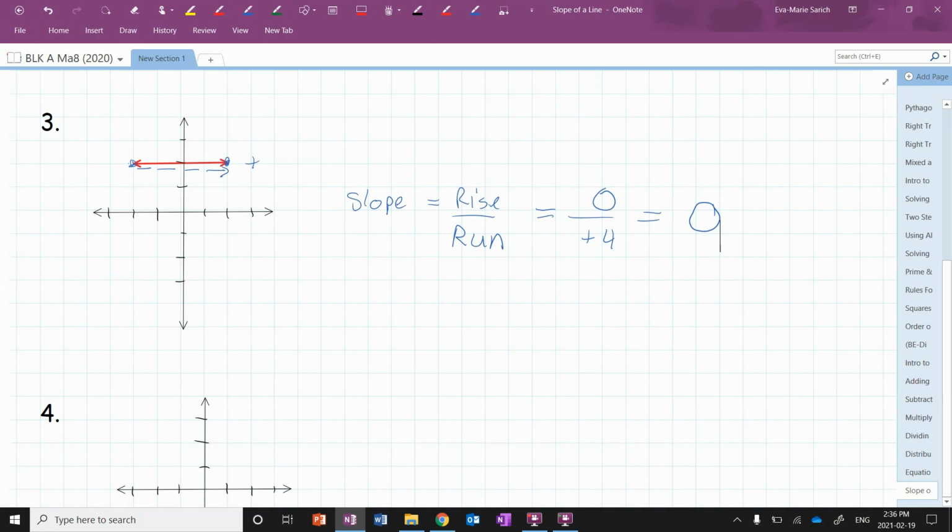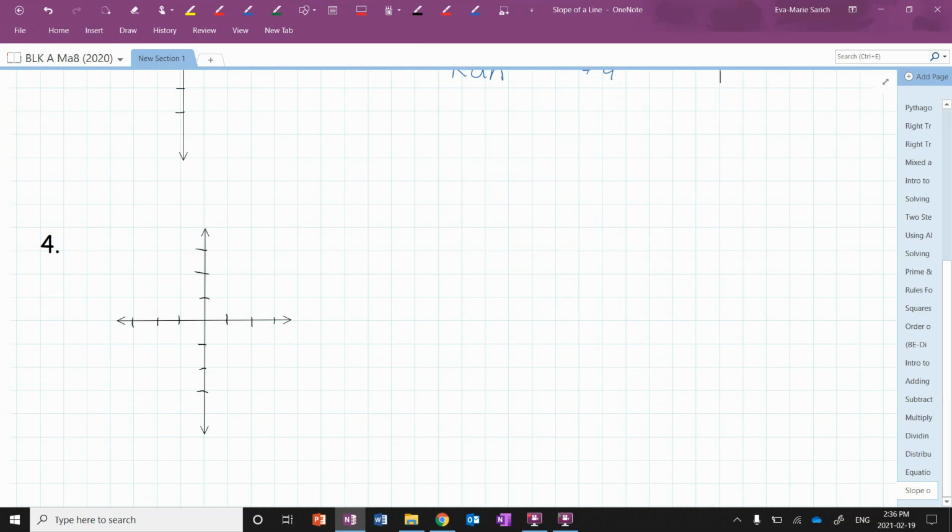If we have points, let's draw those first. We're going to go right 1 and up 2 and drop a point. Then we go right 1 and down 2 and drop a point. And as you know, the line connects those points together.